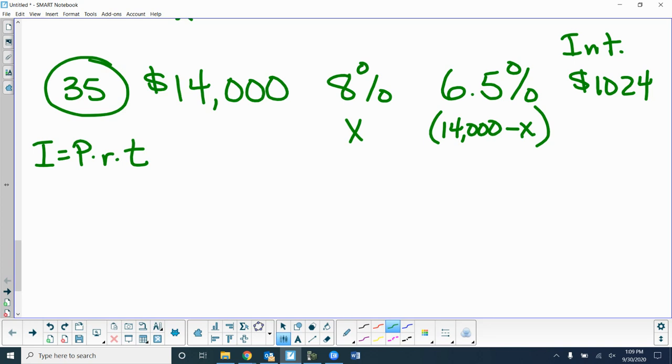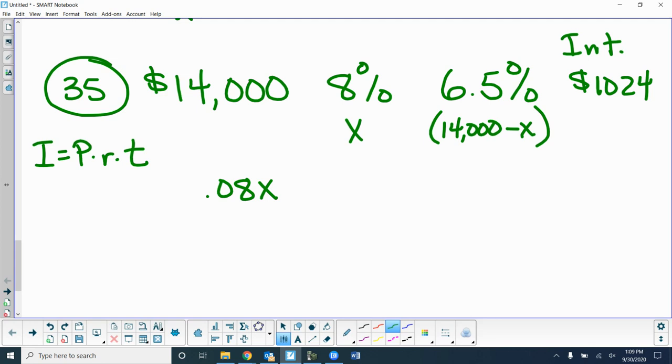So the amount of interest at this one would be X times 8%, but we don't put 8, we put what for 8%? 0.08. Remember, 8% means 8 hundredths, which is 0.08. So when we put it in an equation, don't forget to move the decimal point 2 places to the left.